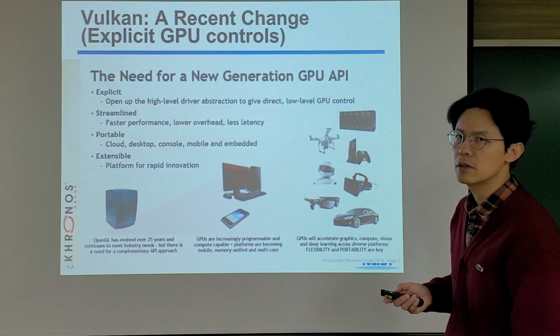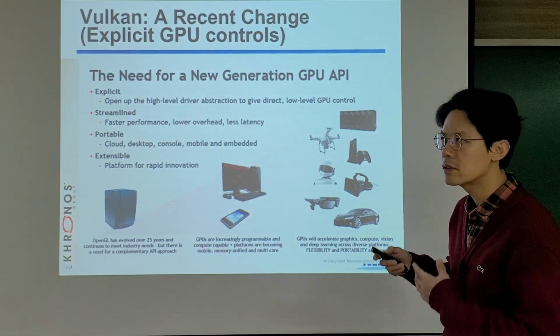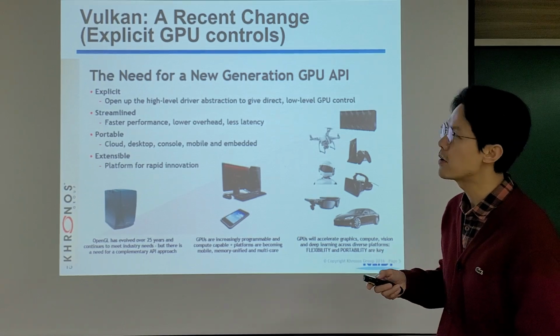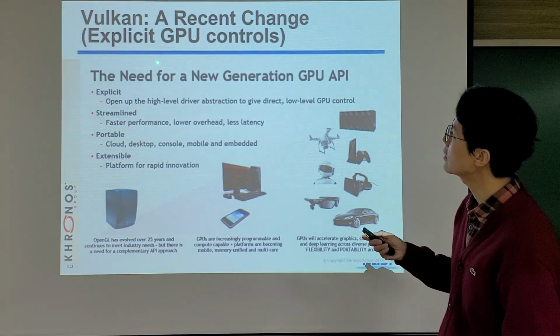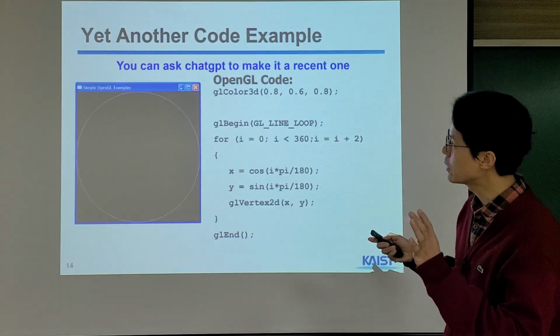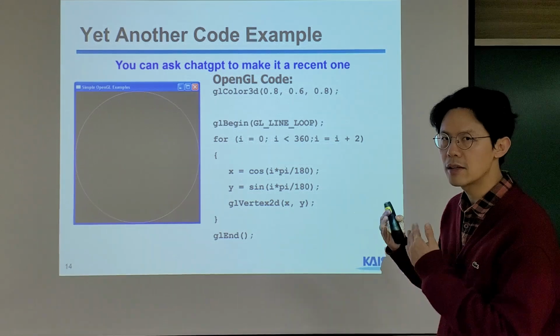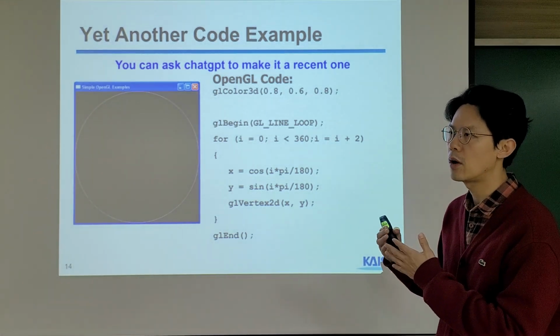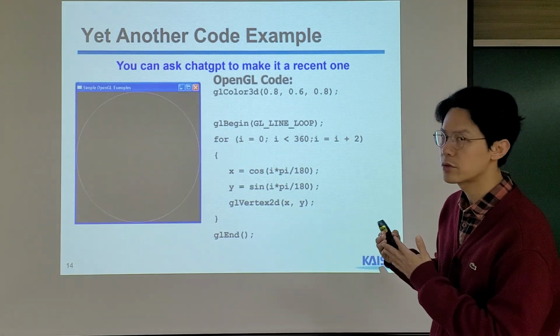There are also even more complicated, low-level libraries like Vulkan. This is one of the recent changes. When you are using OpenGL, it also hides lots of the details related to the GPU.